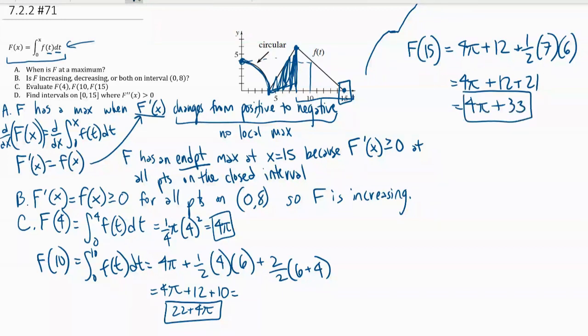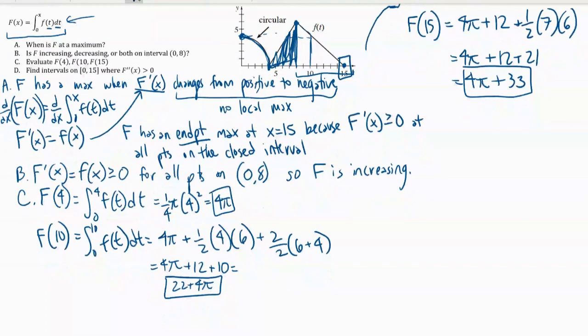All right. So if you were just given, uh-oh, did I do something wrong? Sorry, I just want to double check my answers. I have 4 pi. No, I didn't do anything wrong. Okay.